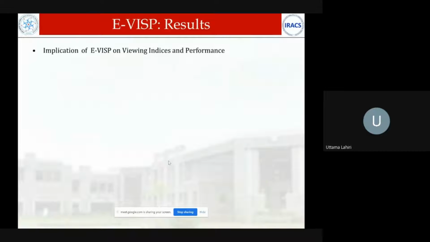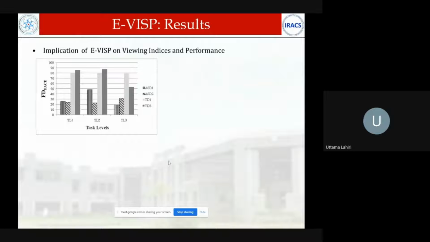Now, the results are very interesting. We could see that these 2 are the results of the children with autism, and these 2 are the typically developing children. We can see the children with autism, in the maximum possible cases 50%, but most of the time they were hardly 25-30% looking towards the face of the avatar, and they were looking somewhere else.